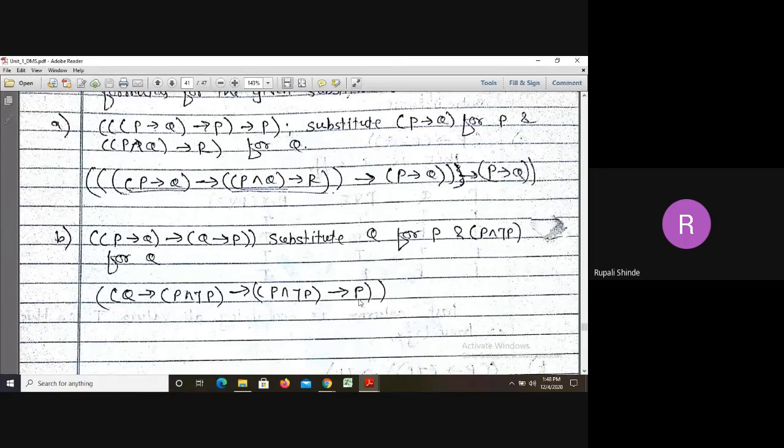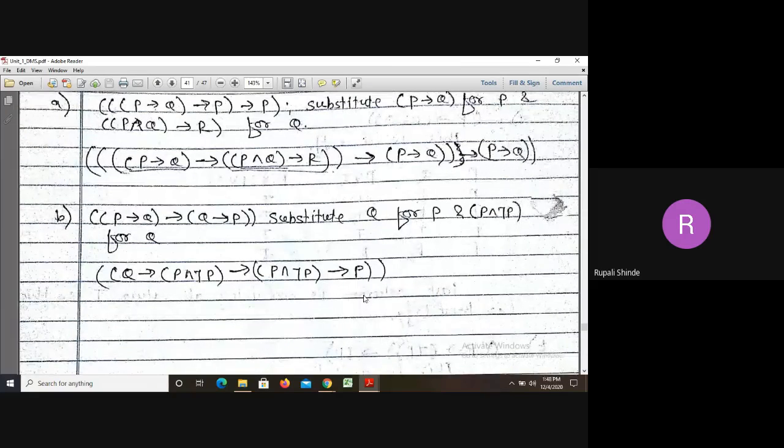Q should be there. Here again this second P should be replaced by Q. Then only it will be the substitution instance of the given formula.